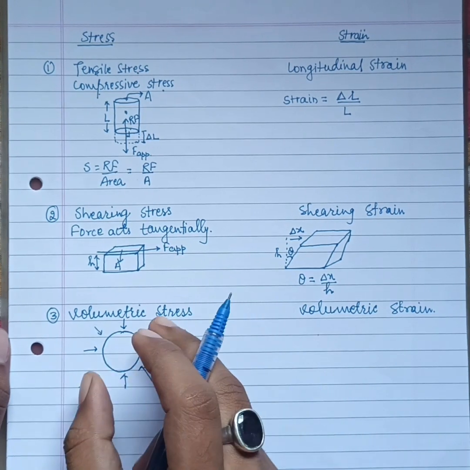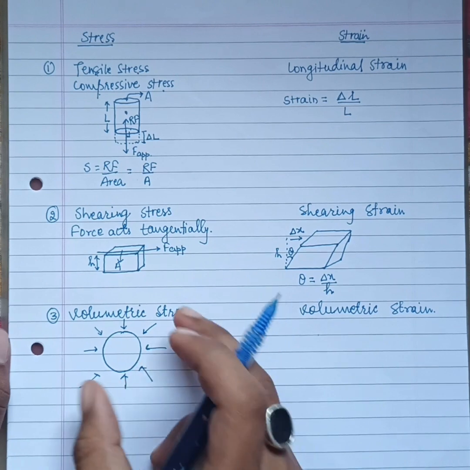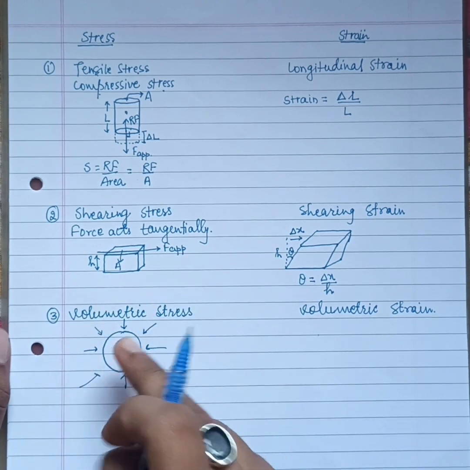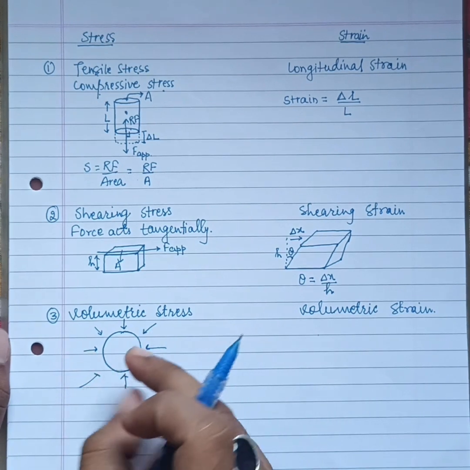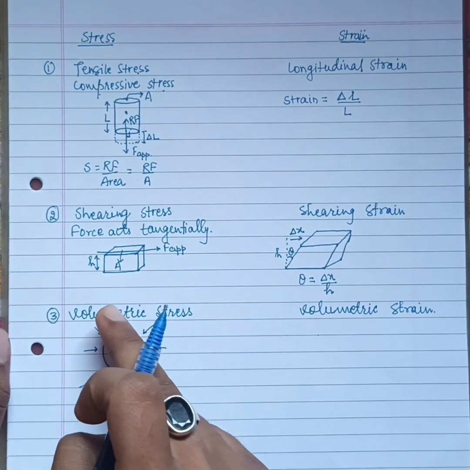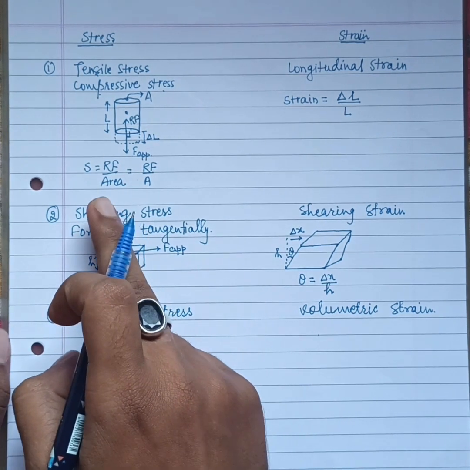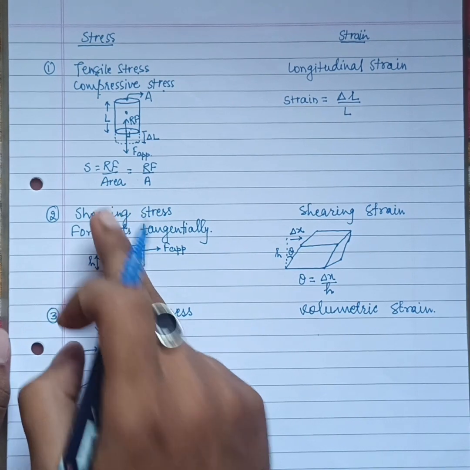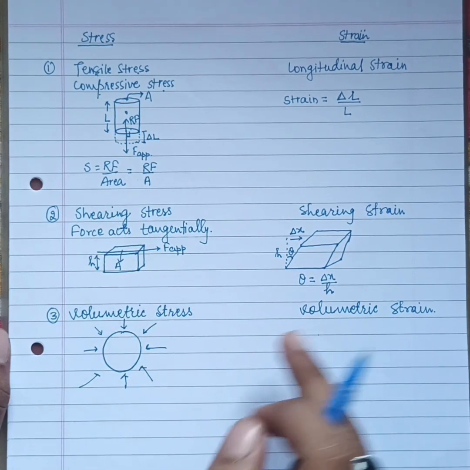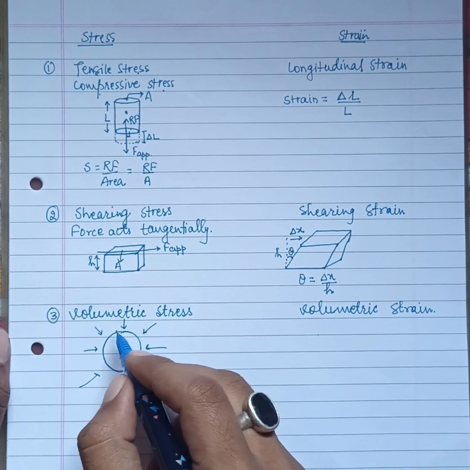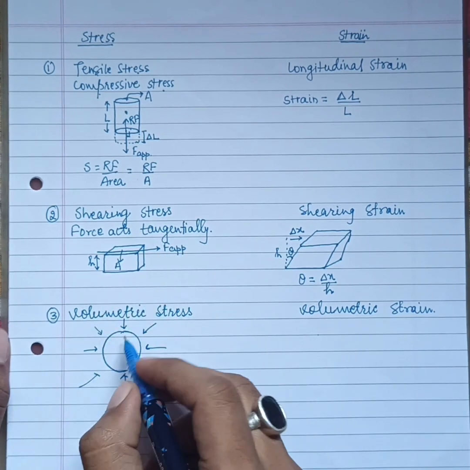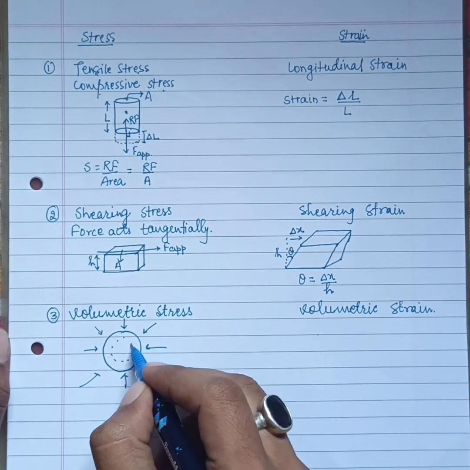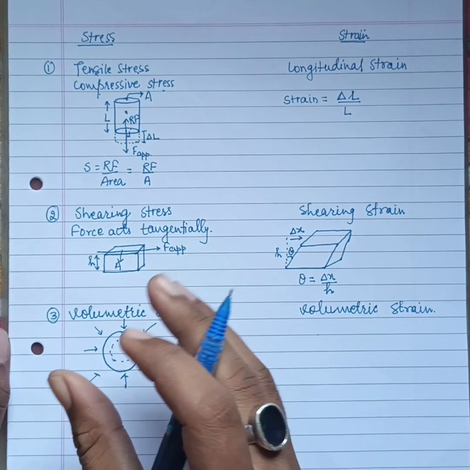Due to this force, what will happen? The force is acting on all parts, and the sum of all the forces divided by the area of the football will be equal to volumetric stress. That is the formula that we have studied about stress. In volume, what will happen? Due to the force acting along all the directions, the shape will reduce to a smaller size.